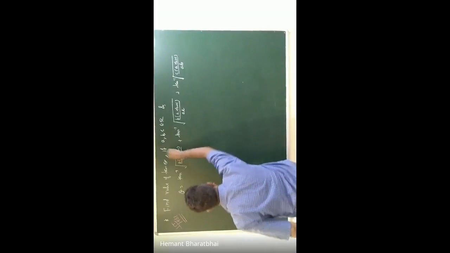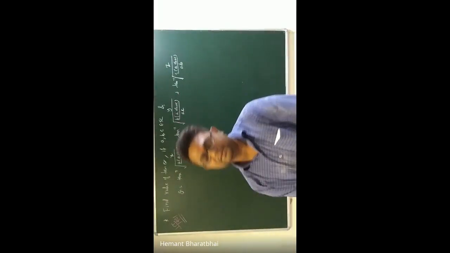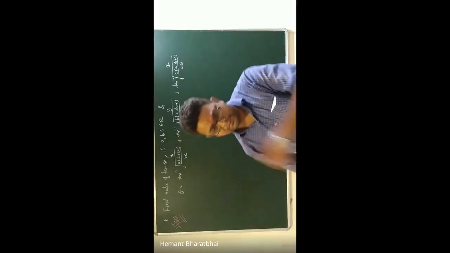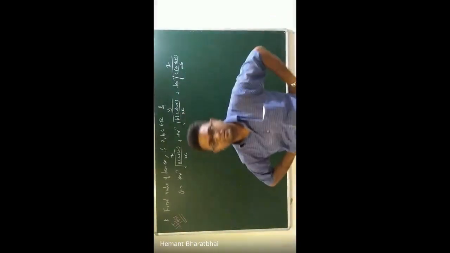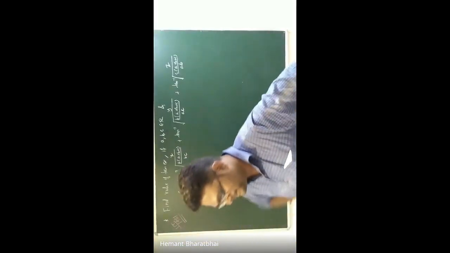Now if you see here, this is tan inverse of x, tan inverse of y, tan inverse of z. If you remember, today we just saw the last property, number 8. The tan inverse of x plus y plus z can be written as tan inverse of x plus y plus z minus xyz upon 1 minus xy into yz.